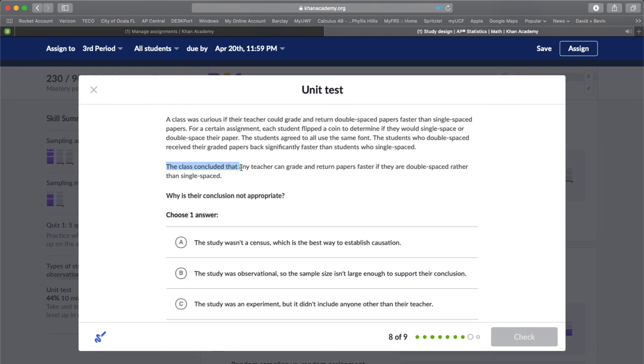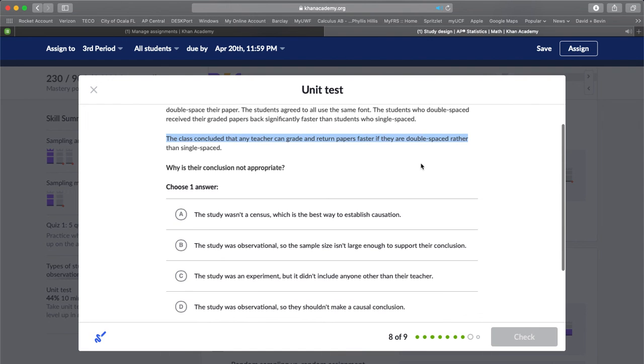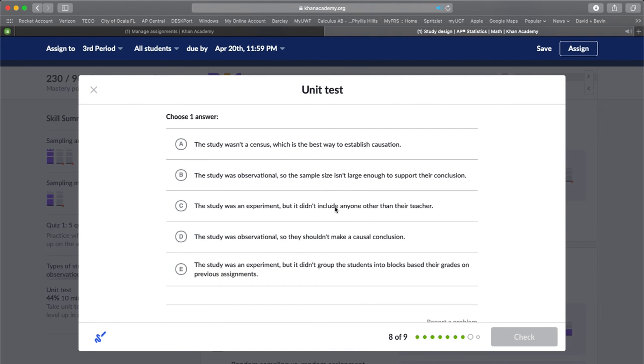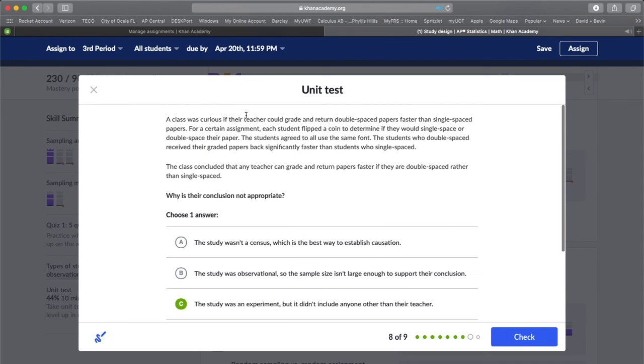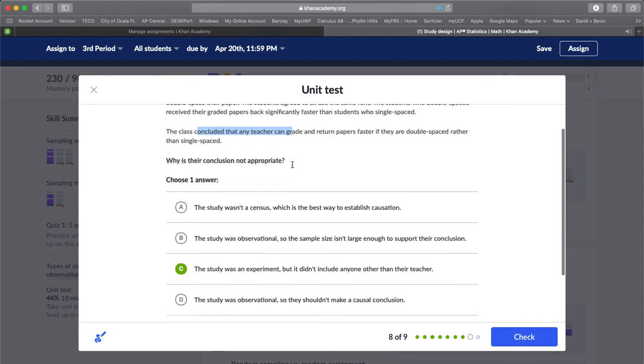And the problem here is that they then conclude that any teacher can grade and return papers faster if they're double-spaced. The study was an experiment, but it didn't include anyone other than their teacher. In other words, their sample was one teacher, and if you only sample one teacher, you can't generalize to any teacher. There's a similar question that I saw about golf, and in that question they only did the experiment using professional golfers, and in that case, you can't conclude the result for a professional golfer would go for any golfer.